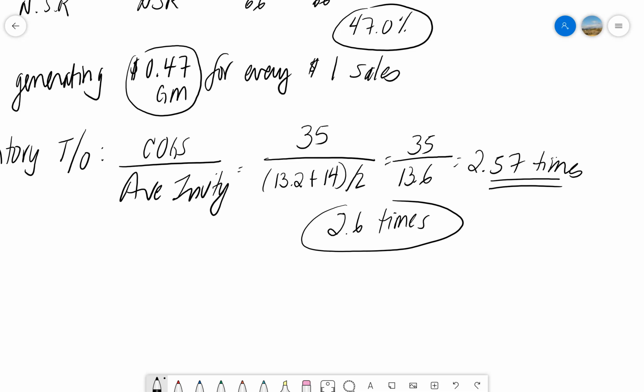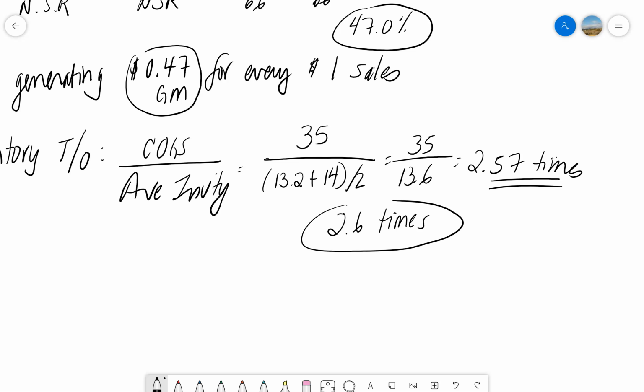Now, once again, we did say higher is better, but it also really depends on the type of business that you're looking at. If you're looking at a car dealership, they're probably going to have a lower inventory turnover than, let's say, a grocery store. A grocery store, because they have perishable products that will spoil, their inventory turnover is going to be a lot higher.